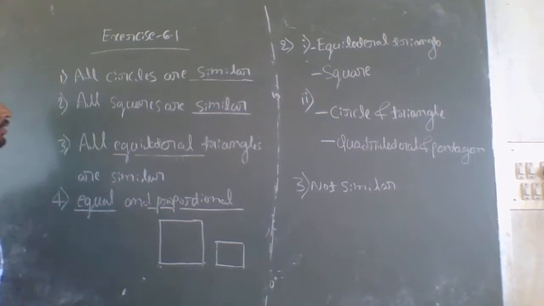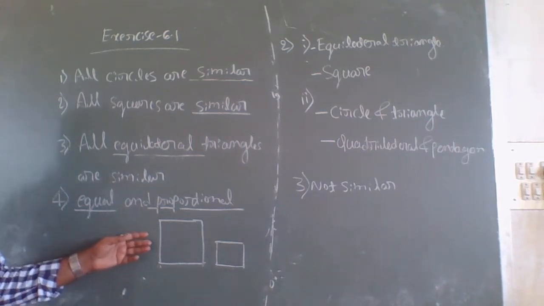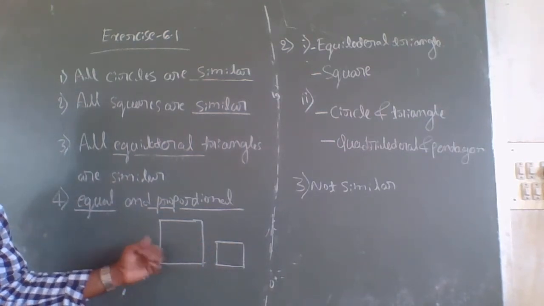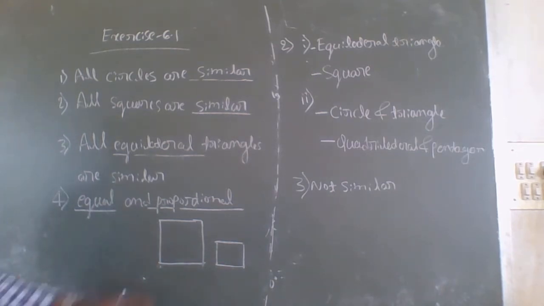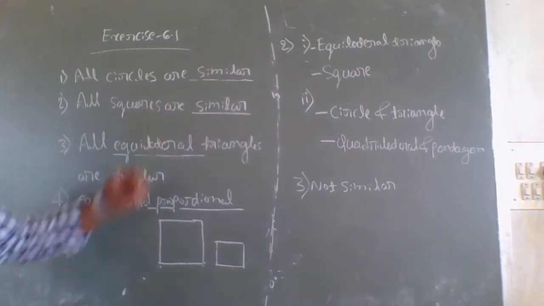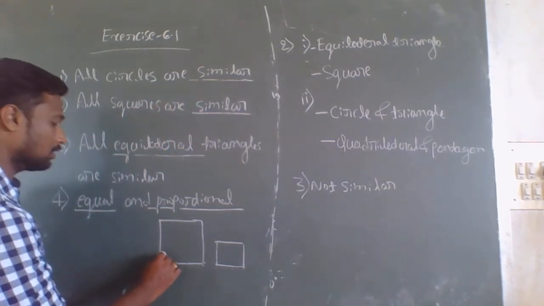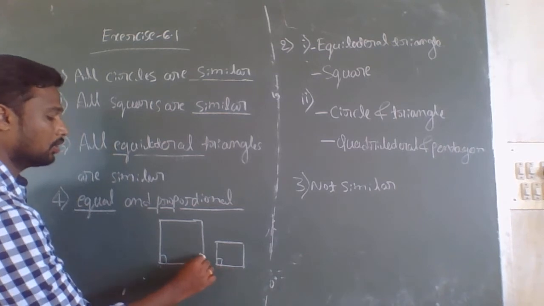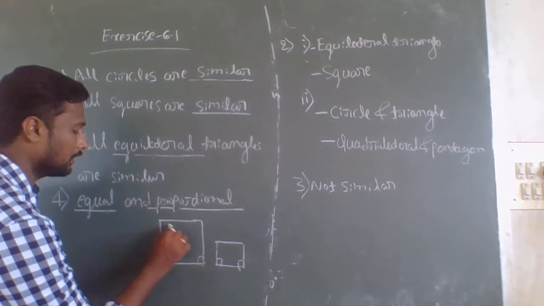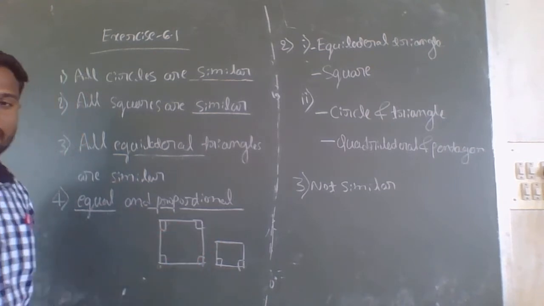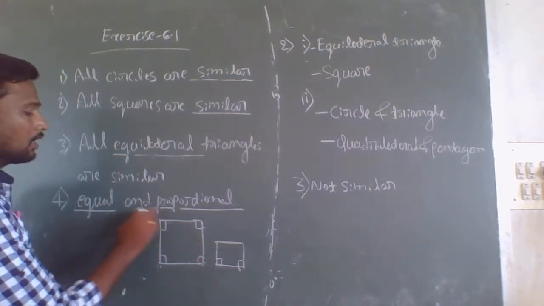Here the shape is the same and the size is different, and the definition or condition for similarity is that all the corresponding angles should be equal to each other. Here all the angles are equal to 90 degrees, and all the sides are equal to each other.